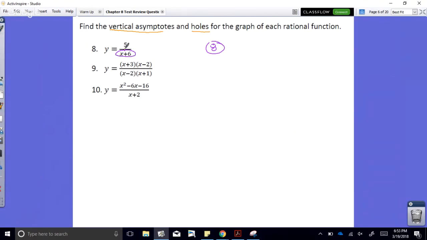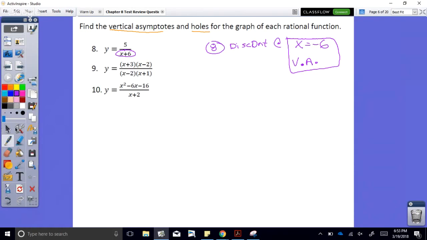So if I look here, the x plus 6 says that we have discontinuity at x equals -6. So then you've got to ask, does this x plus 6 cancel with the 5? If it does not cancel, then we have a vertical asymptote at x equals -6.